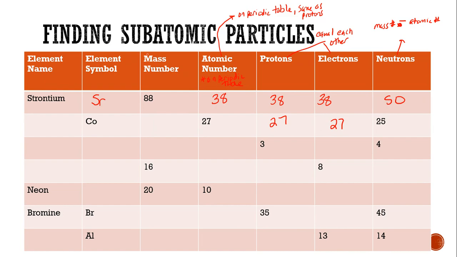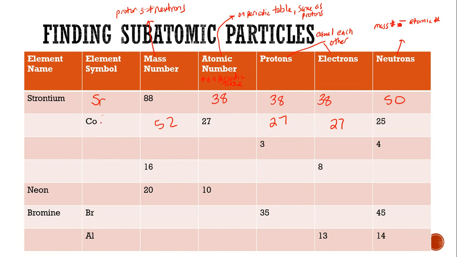This is a new one. I have a blank. Mass number, remember, is protons plus neutrons. So if I take my protons, which is 27, and you add it to your neutrons, which is 25, you should get a mass number of 52.